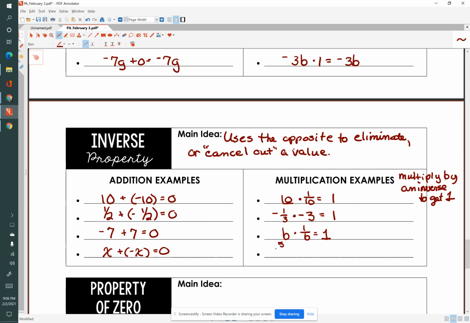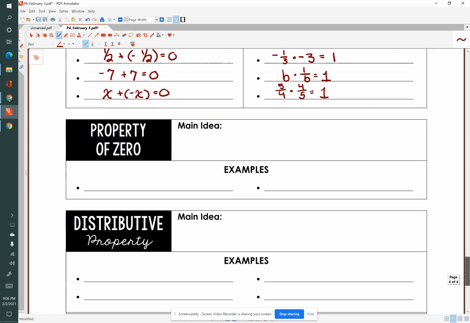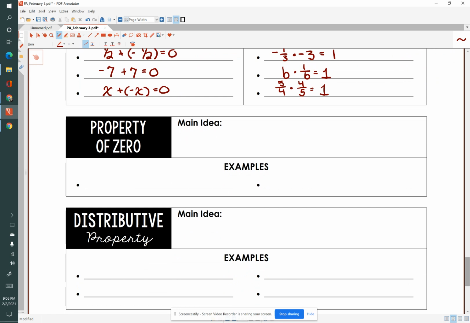Or in terms of rational numbers, fractions, 5/4 times 4/5 gives us 1. And now the property of 0, very briefly, tells us that anything multiplied by 0 equals 0.